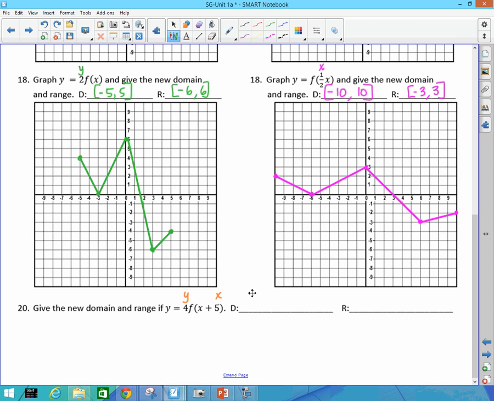So -5 minus 5 is -10. And 5 minus 5 is 0. So it goes from -10 to 0. And each y value is multiplied by 4 because we do the same thing that we see. And it was -3. -3 times 4 is -12. +3 times 4 is +12.